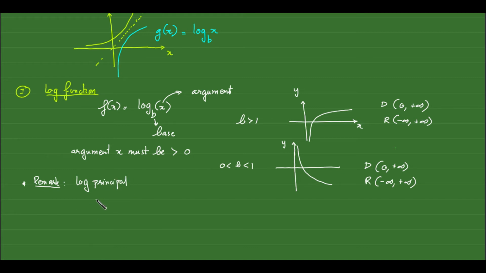The log principle states that if y equal log base b of x, then this is equivalent to x equal to b to the y. This is very, very important, and I'm going to go ahead and box it, because we're going to use this to solve log equations later.